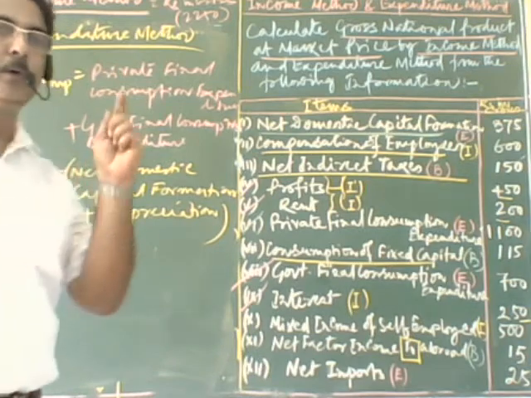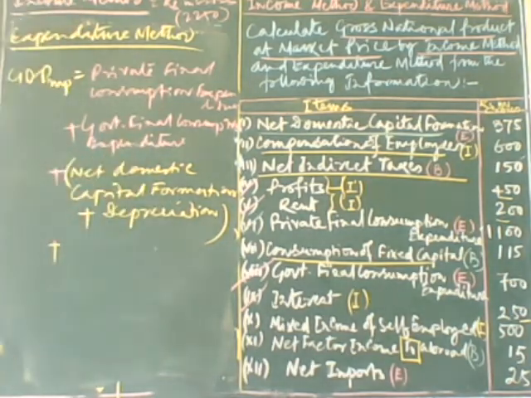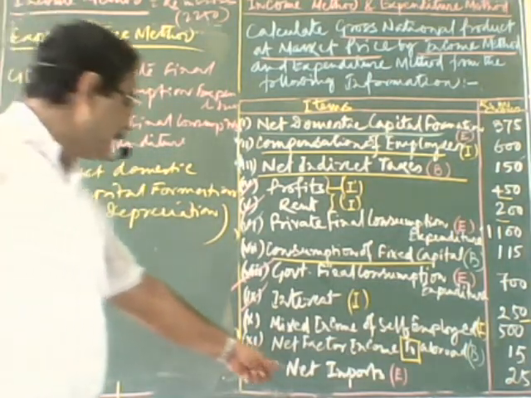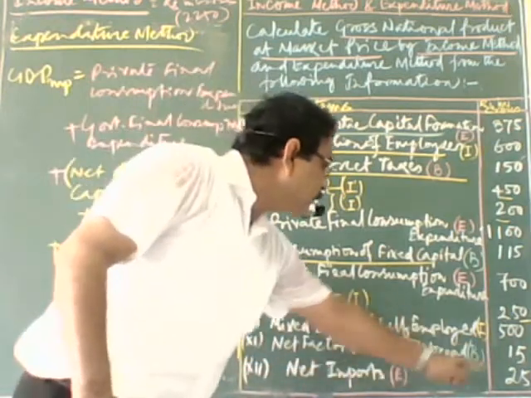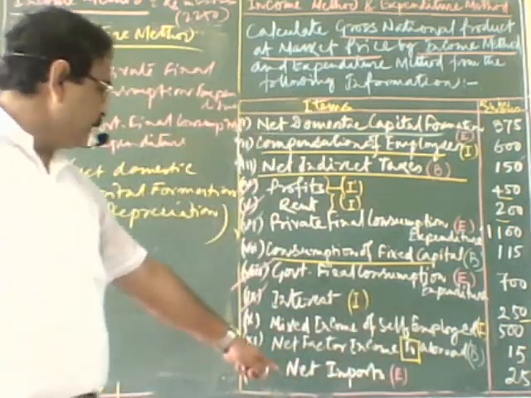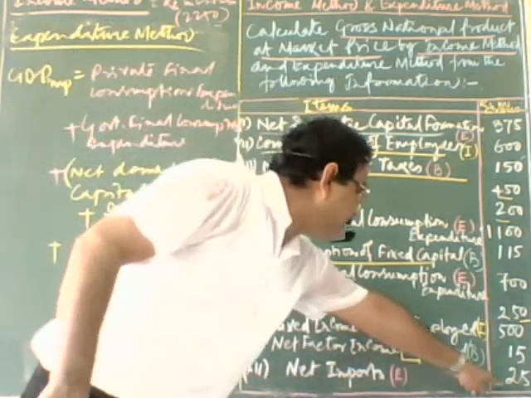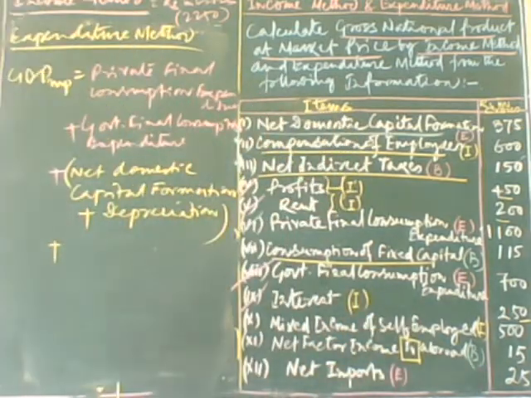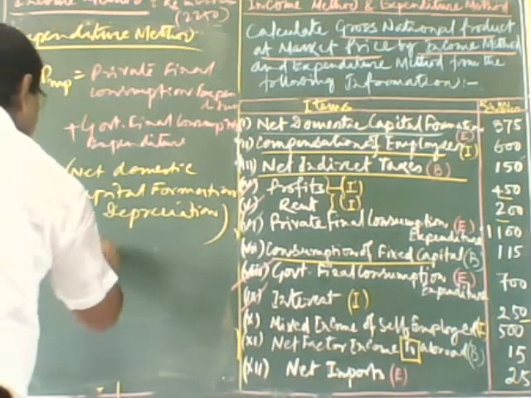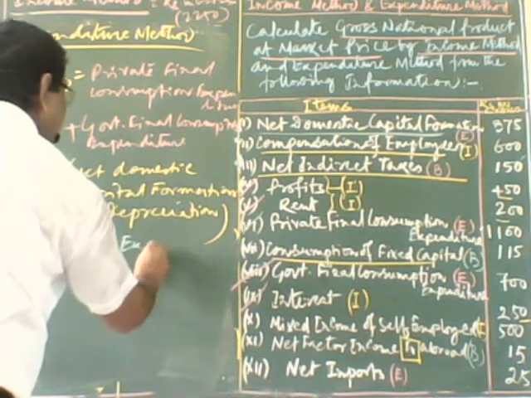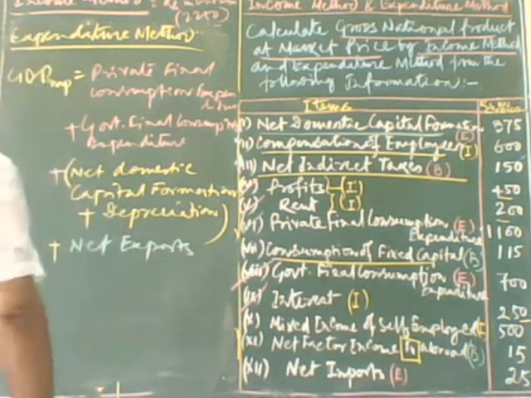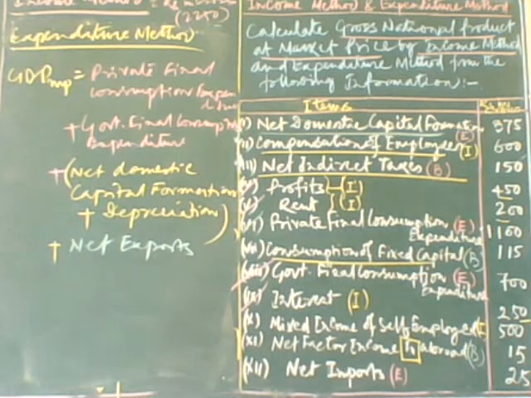So here net imports is 25, so the net exports will be minus 25, plus net exports. Now you have to put the values here.